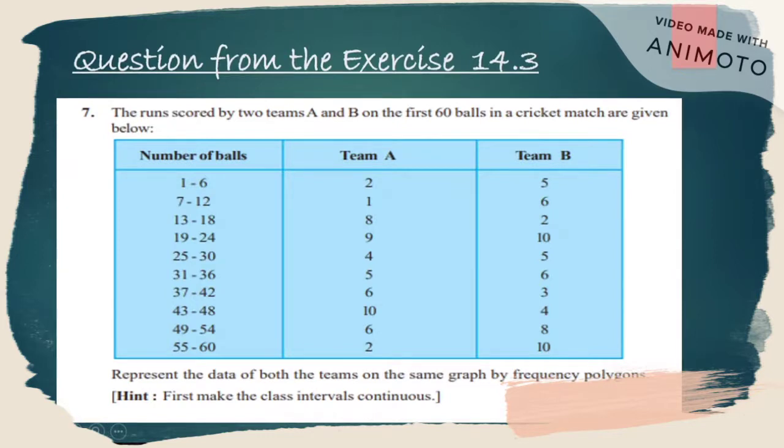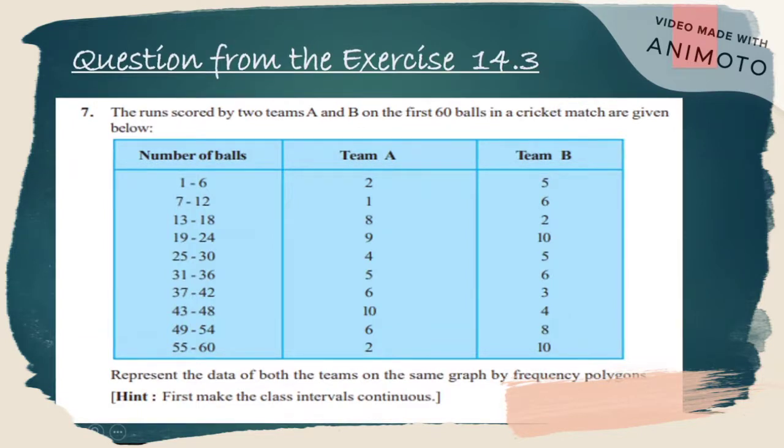Here we can see 3 columns: number of balls, team A and team B. Number of balls shows 1 to 6 balls, which means 1 over, and then 7 to 12, and so on for all overs. Team A has scored 2 runs in the first over and team B has scored 5.